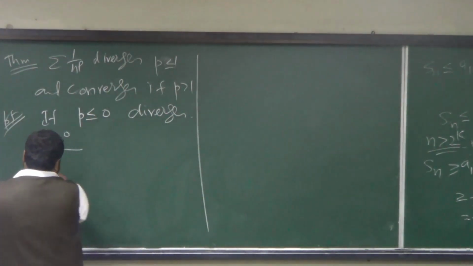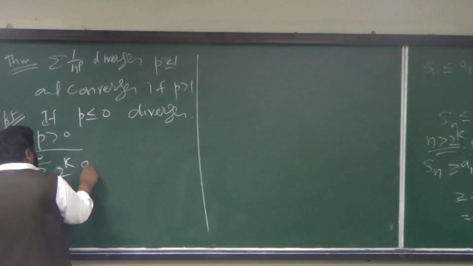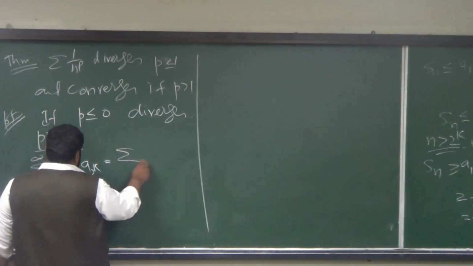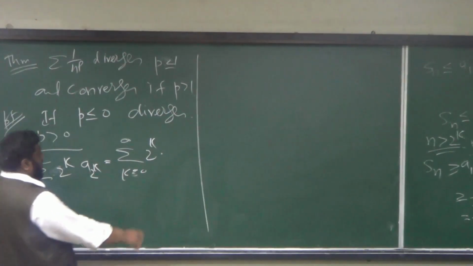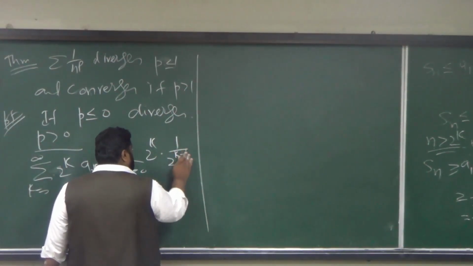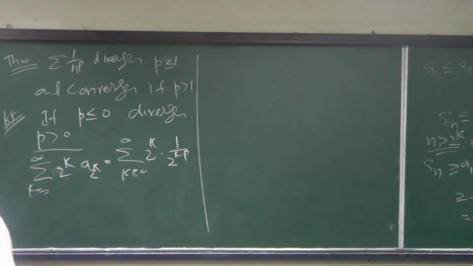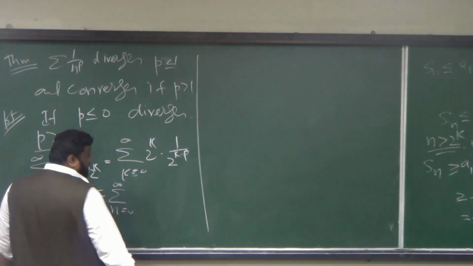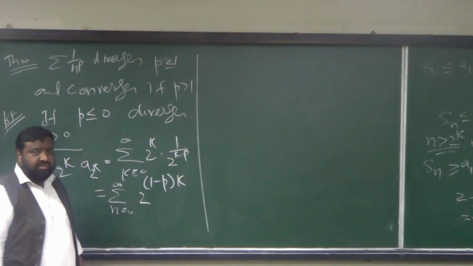So consider the Abel series: the sum from k equal to 0 to infinity of 2 to the k times a to the 2 to the k. What is this going to be? This is going to be the sum from k equal to 0 to infinity of 2 to the k times 1 over (2 to the k) raised to p, which is the same as the sum of 2 to the power (1 minus p) times k.